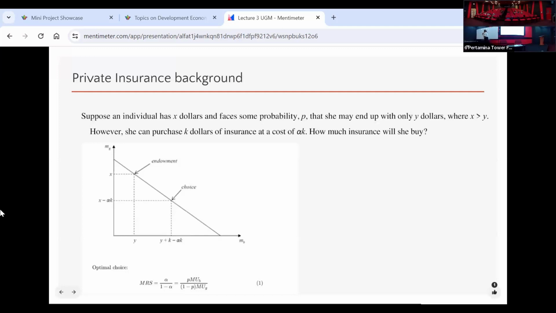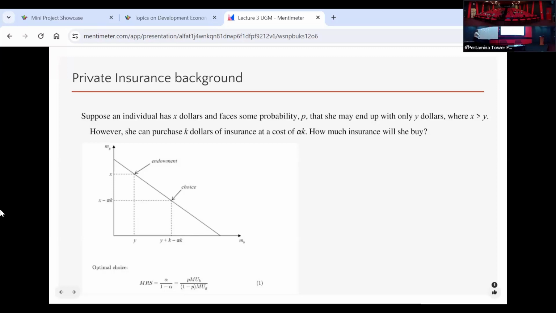So this person thinks, I'm going to buy insurance of size K. Because my endowment is X and Y, you see this line, correct? But I have the option of buying insurance. This insurance has the value of K. The price of the insurance is called alpha, and that's the premium, okay?